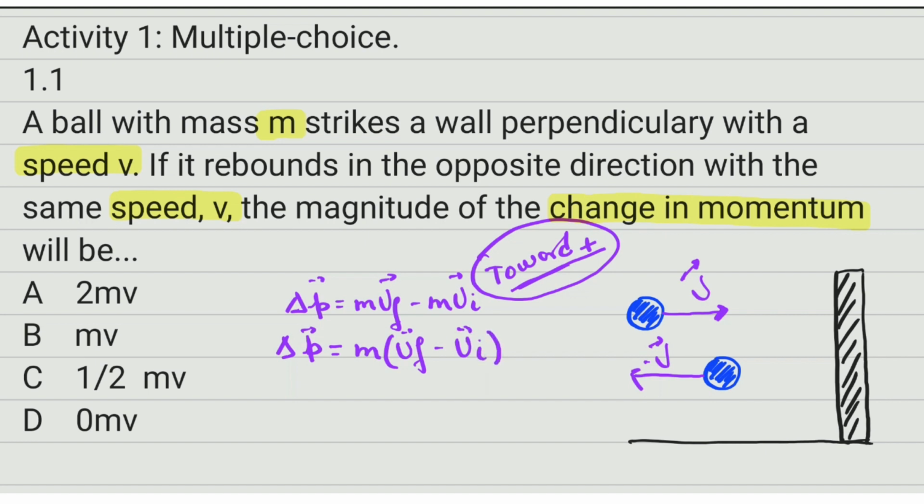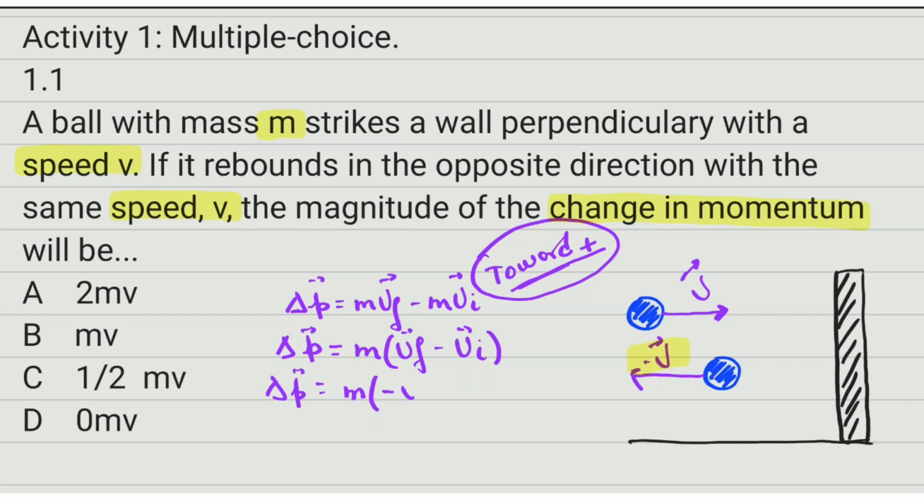Now we're working with vectors. Remember, they only want the magnitude, but we first have to work with the vectors. So change in momentum is going to be equal to mass. Now we substitute the actual values, which are letters. Final v, but final v is negative. Okay? Look here. Final v is negative.